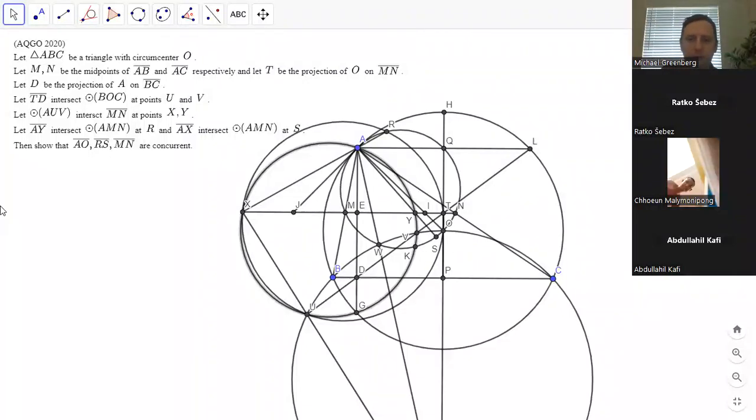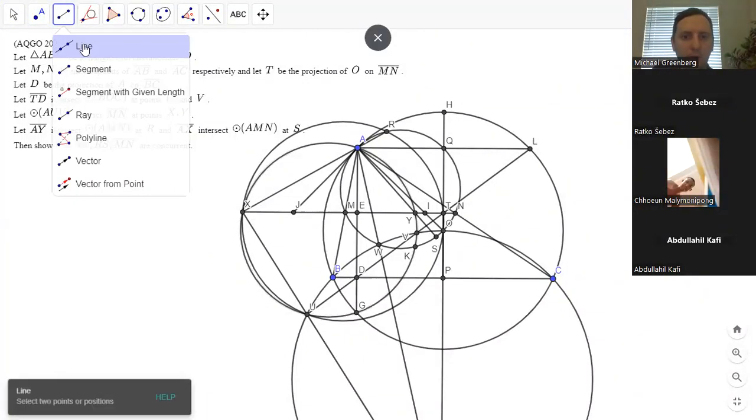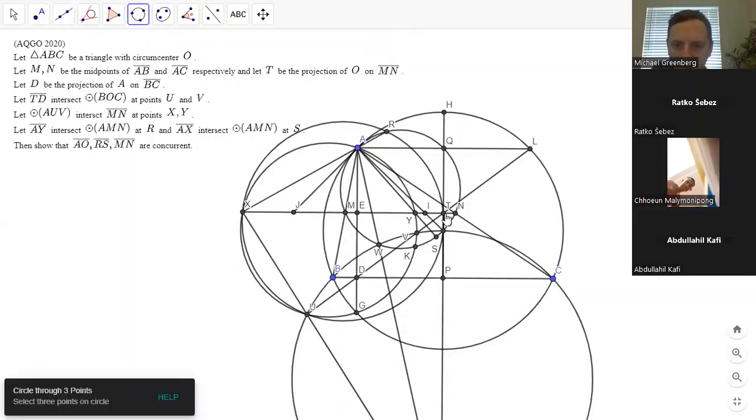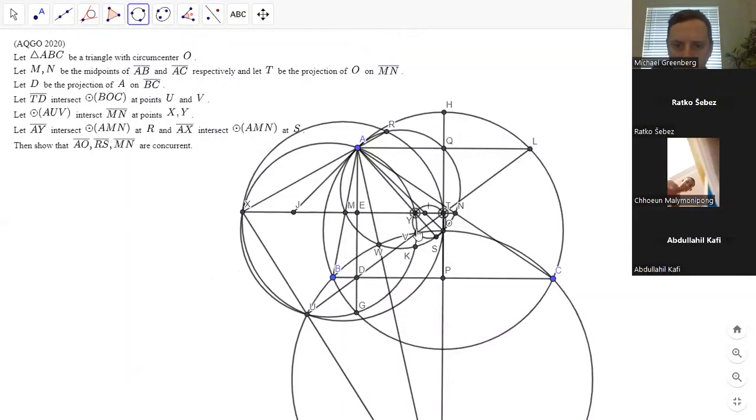Yeah, by Miquel's theorem, we know that Y lies on this. I was making it too hard. We know that this circle's cyclic right here. And we know that YV and that point are collinear.